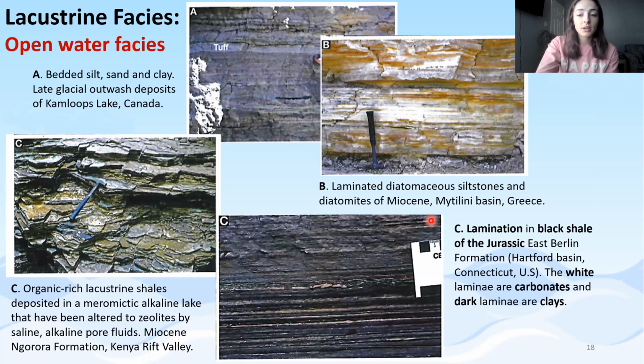Lastly, we have this example of lamination in black shales of the Jurassic East Berlin Formation in the Hartford Basin in Connecticut. And in this figure, we can see the white laminae are carbonates and the dark laminae are clays. And this occurs typically in lakes that are located in environments where seasonal changes can cause differences in lake sedimentation.